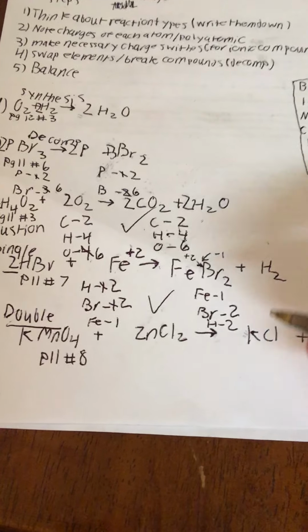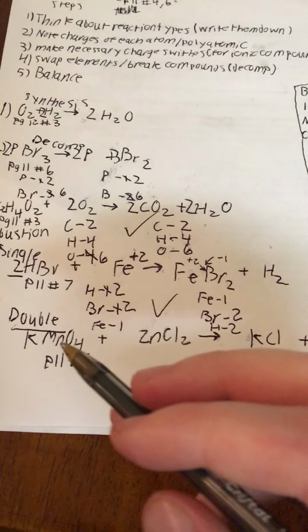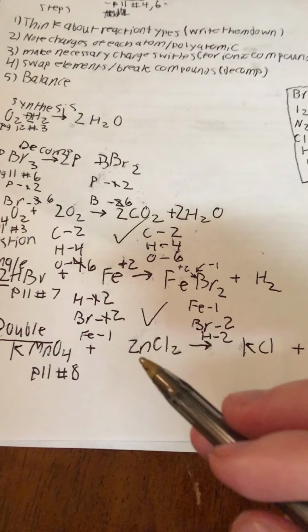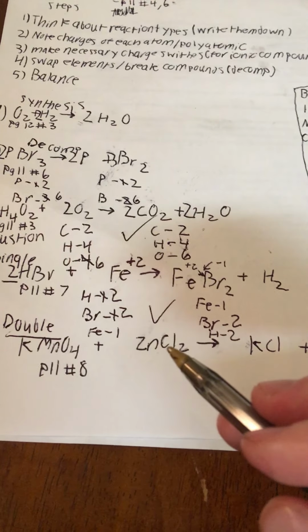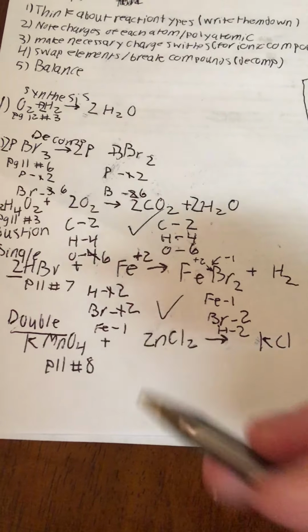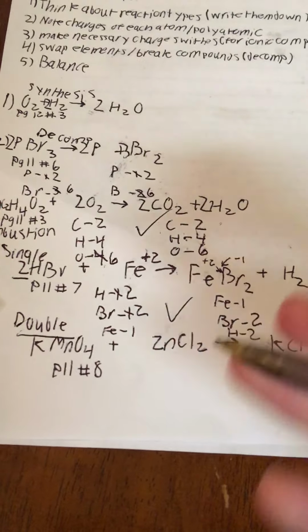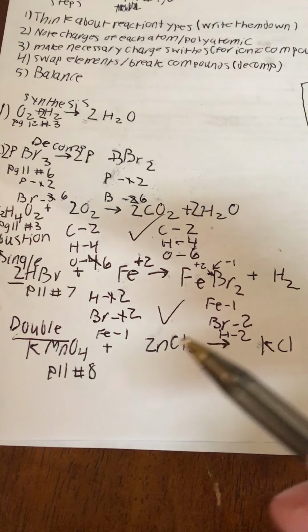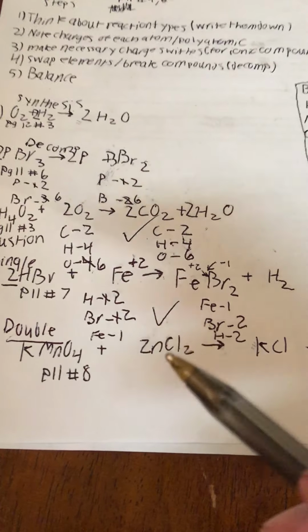Plus, what are my last two? I have zinc and permanganate. So we can see right here also that we remember what's the charge on Cl? -1, exactly. So what does that mean for this 2 right here? Why is this guy hanging around right here?